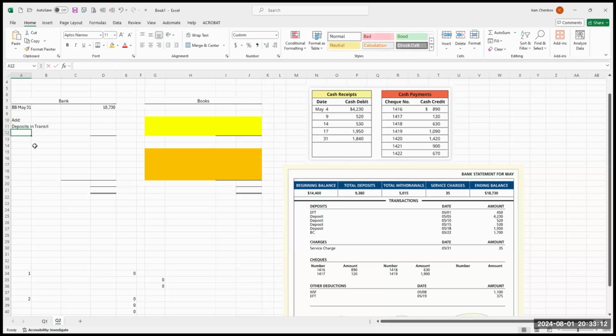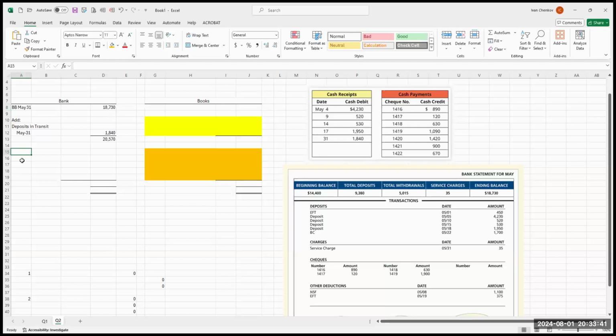That's the deposit at May 31st for the amount of $1,940. At this point, we've checked all the deposits made in our books, and those are now reflected either as a deposit in the bank or as a deposit added to our bank balance.